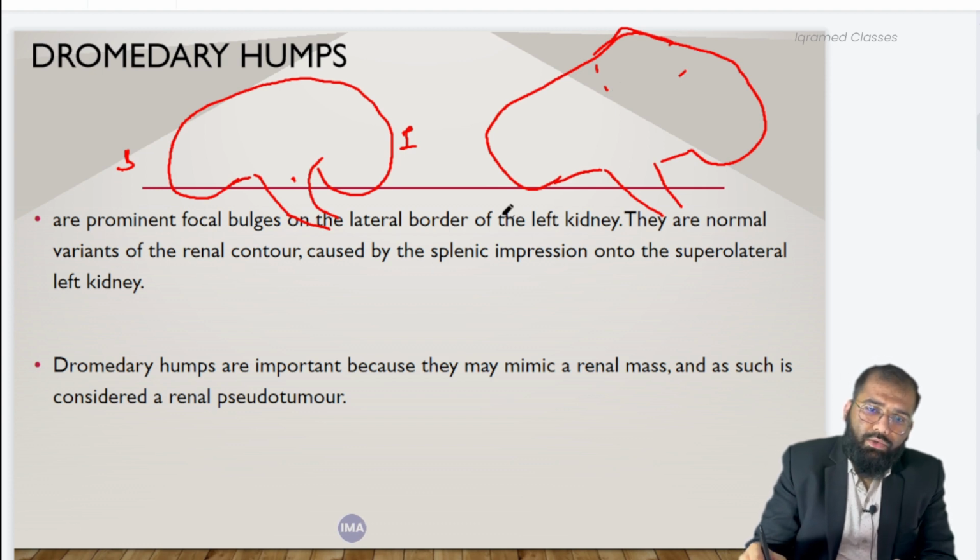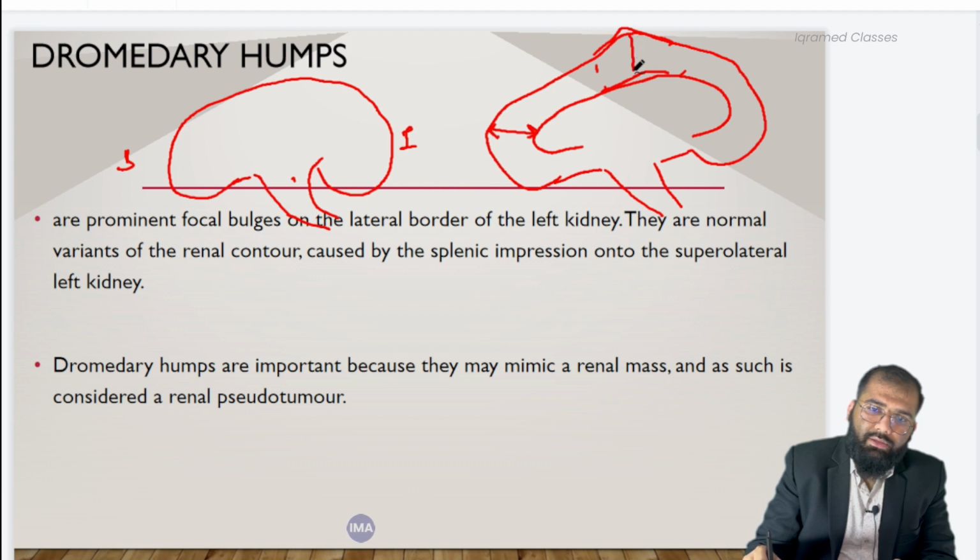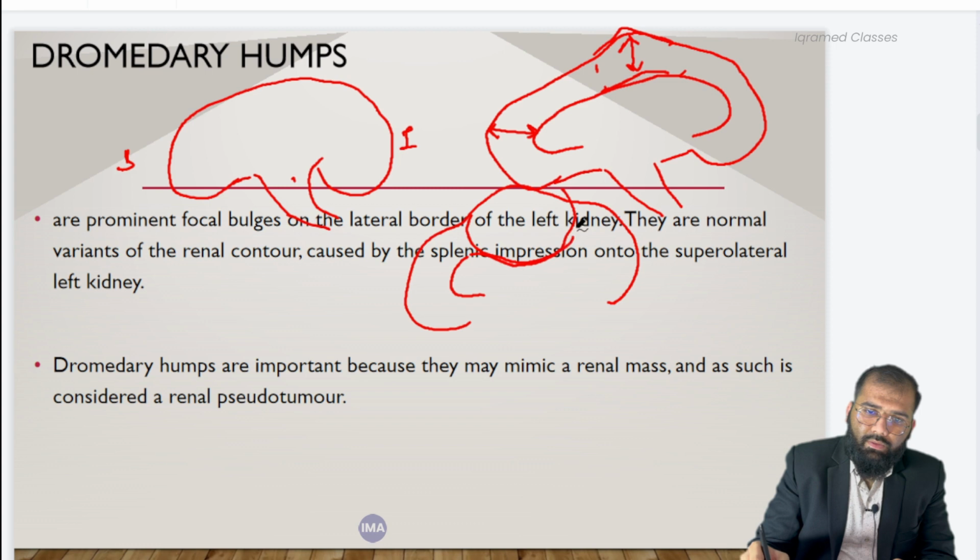So, very important, you should see the cortical thickness. The cortical thickness would be uniform. What thickness you see in this area, the similar thickness you will get in this area. Whereas if there is a mass, the thickness over here in the region of the mass will increase.